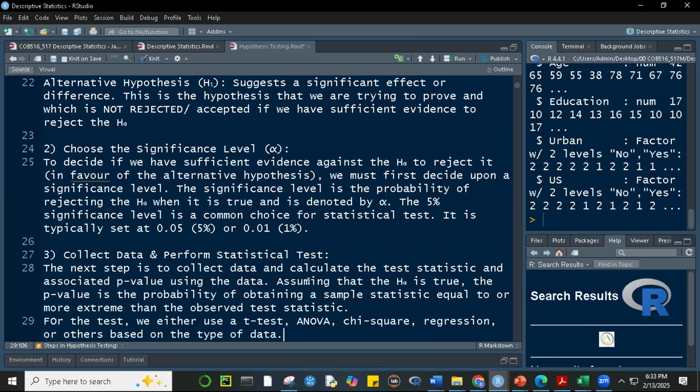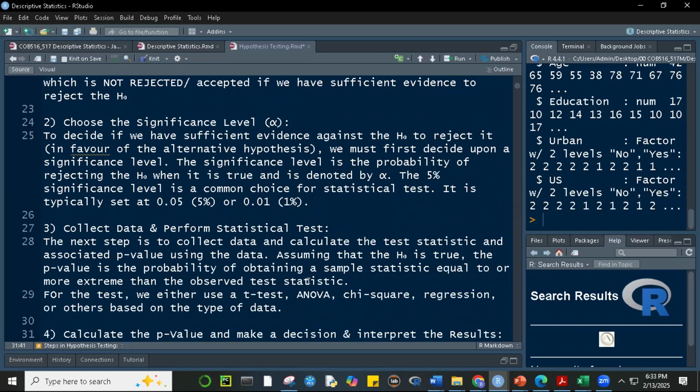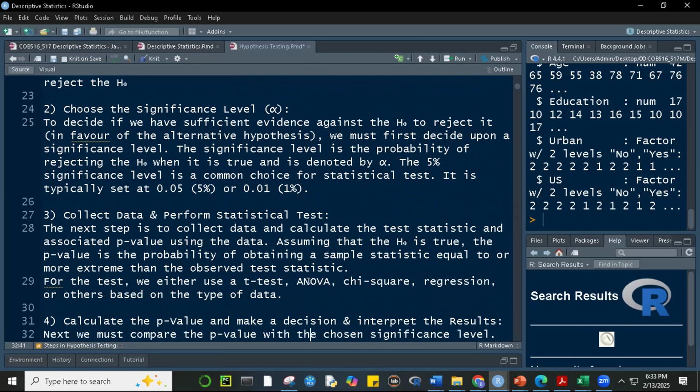Okay, and then of course, third step, we collect data and perform the statistical test. Okay, so it depends on whatever test you're conducting, whether it's a simple t-test, an ANOVA, chi-square, regression. Okay, for tonight, most probably we'll reach t-test and ANOVA.